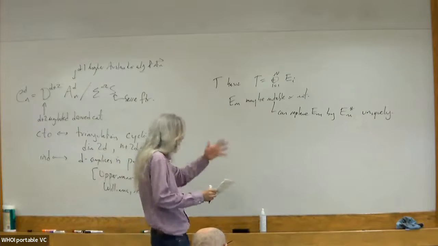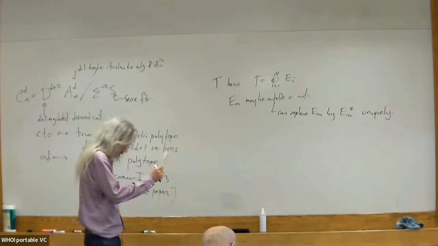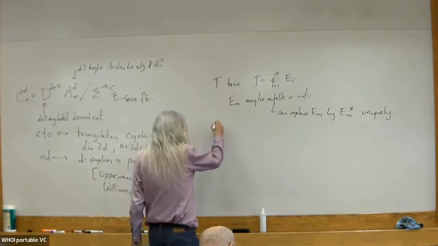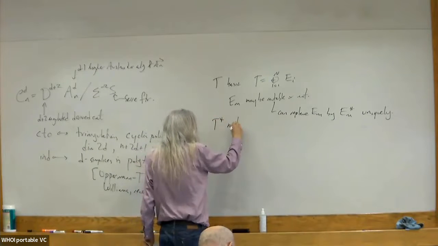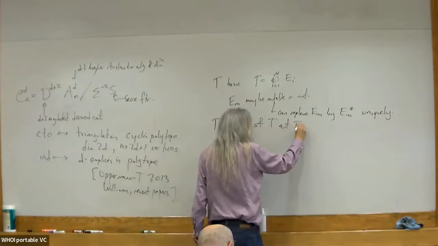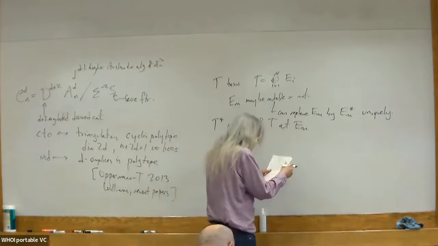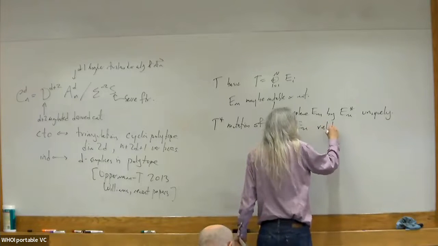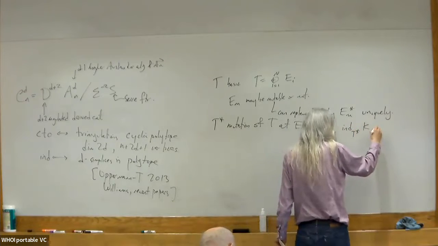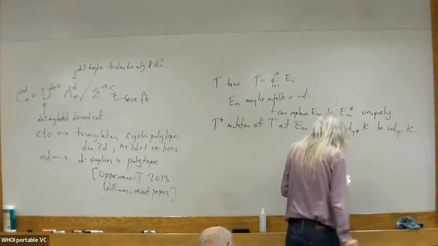And if it's not mutable, that just means you can't replace it. There's no way to swap it out and replace it with something else. And so again, if T star is the mutation of T at E_m, in the same way as before where we replaced E_m by E_m star, we want to relate the index with respect to T star of some rigid object K to the index with respect to T. Okay.